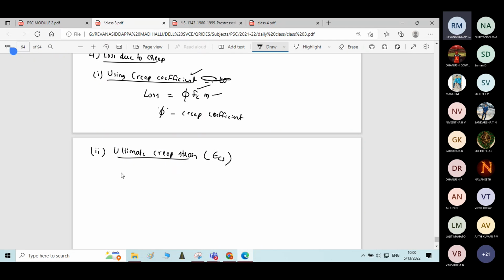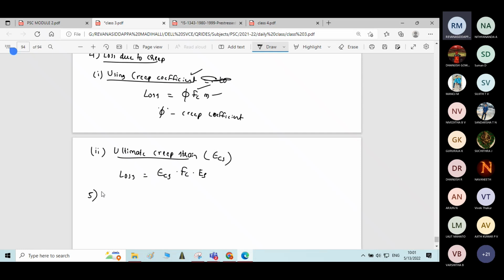Using this ultimate creep strain, the loss is calculated as epsilon cs into fc into Es. Using this formula, we will calculate the ultimate loss due to creep in the pre-stressed concrete member, where epsilon cs is the ultimate creep strain, fc is the stress in the concrete at the level of steel, and Es is the Young's modulus of the steel. So this is how we will calculate loss due to creep.